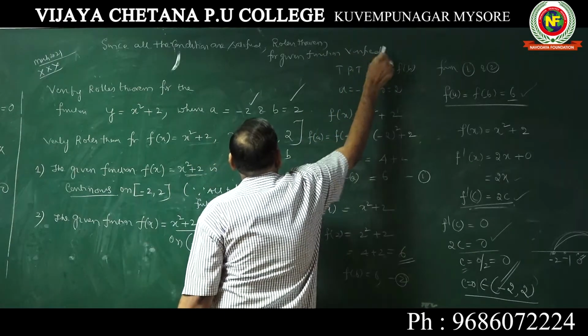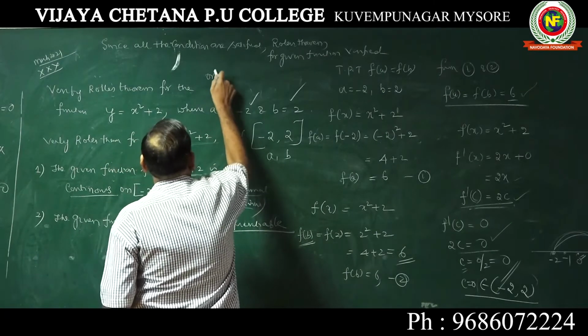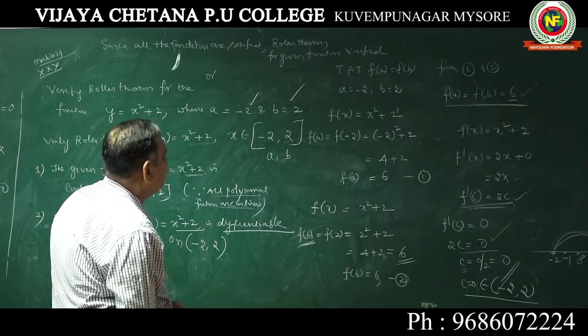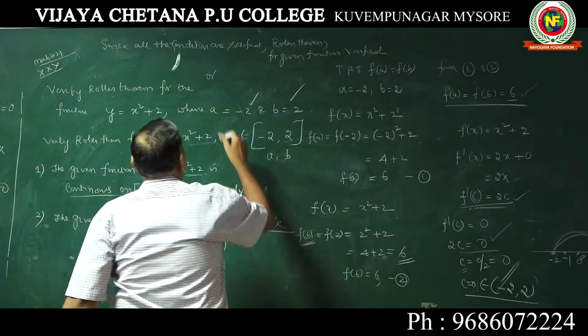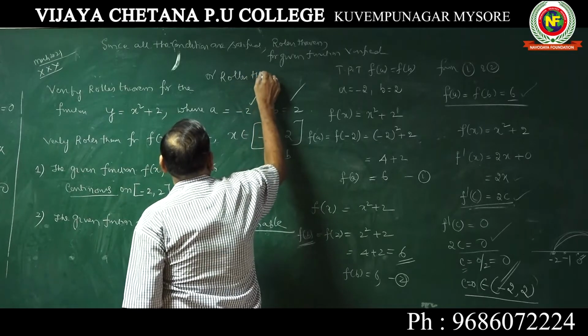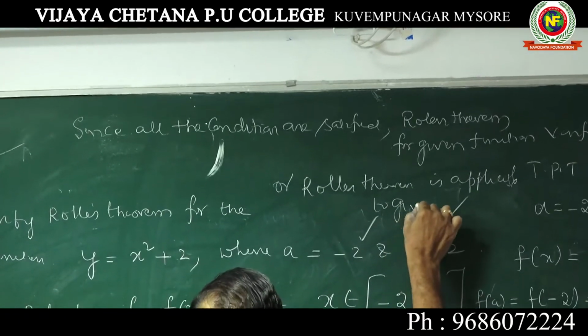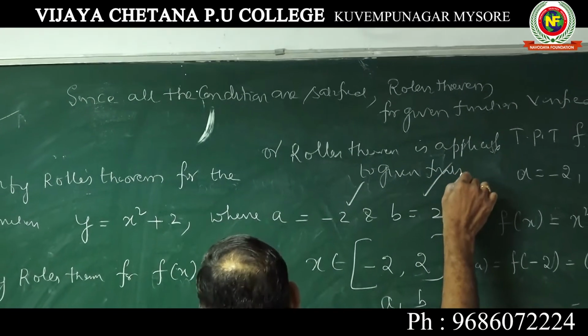You should write that Rolle's theorem for the given function is verified, or you can say that Rolle's theorem is applicable to the given function.